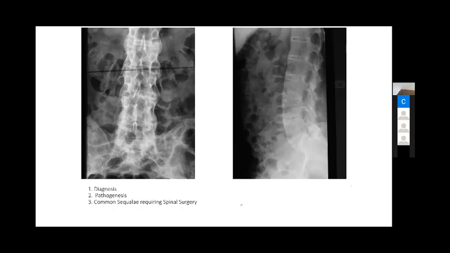You should be knowing more about this than me. Autoimmune pathology. Okay. But usually, why do they get these changes in the vertebra? Syndesmophyte formation. So syndesmophytes are because of pathology.